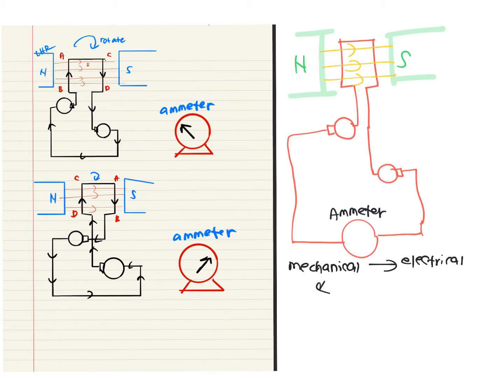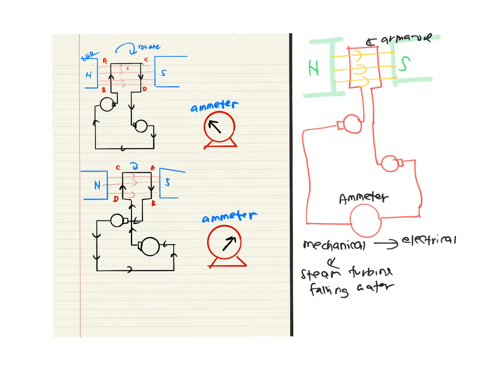This mechanical energy can be a steam turbine, falling water, or any mechanical means to move the loop here, which we call the armature. Armature, A-R-M-A-T-U-R-E.